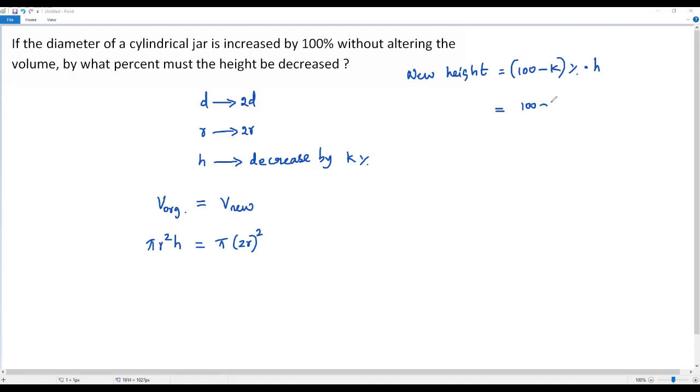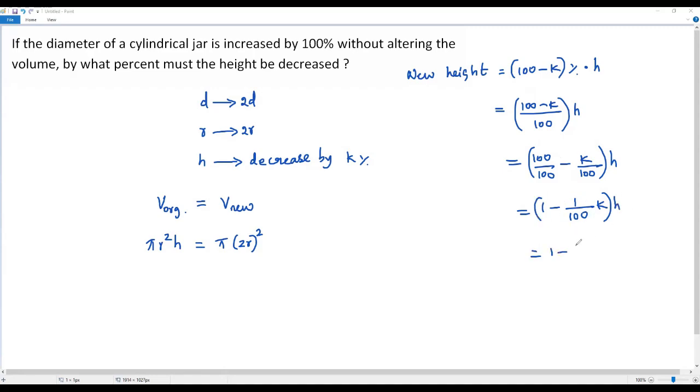Here 100 minus K percent can be written as a fraction with denominator 100 times H. Taking 100 as the common denominator, I get 100 over 100 minus K over 100, times H. 100 over 100 is just 1, minus K over 100, which can be written as 1 over 100 times K. When I divide 1 over 100, I get 0.01 K times H. This expression represents the new height.